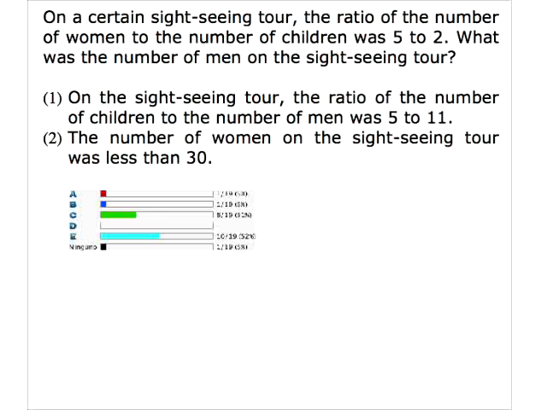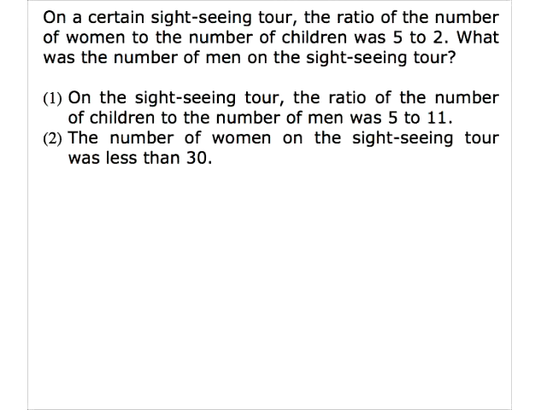But the ratio of women to children was 5 to 2. And then the number of children to the number of men was 5 to 11. The first thing we can do here is decide that statement 2 is definitely not sufficient by itself.